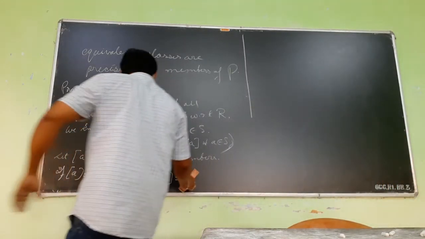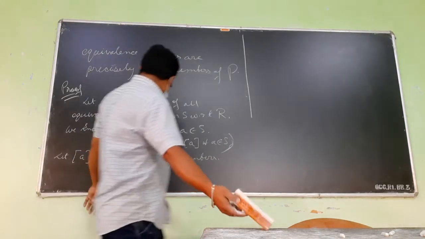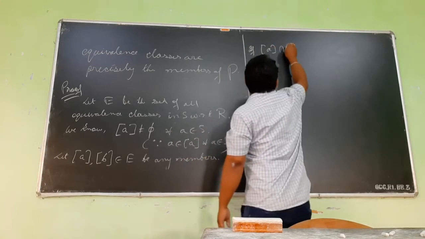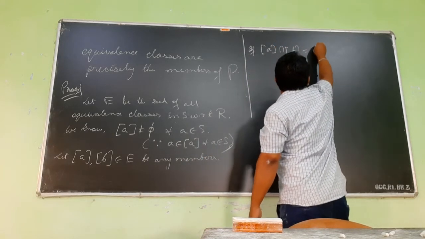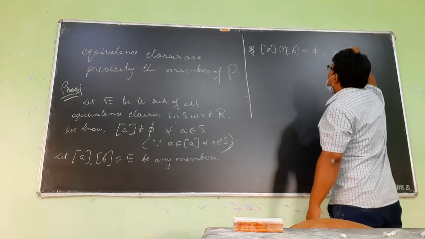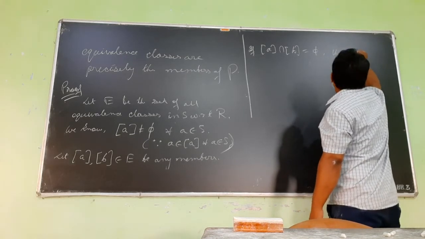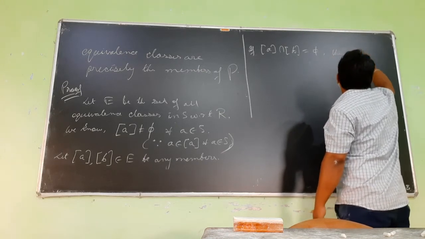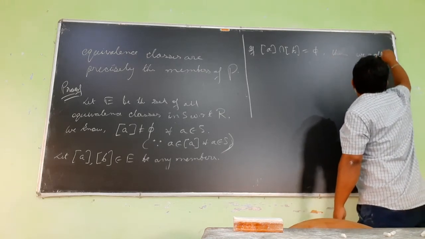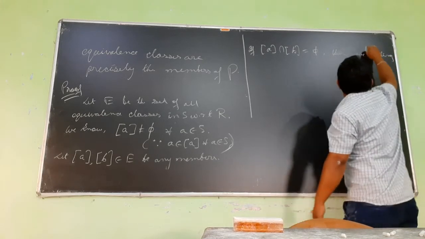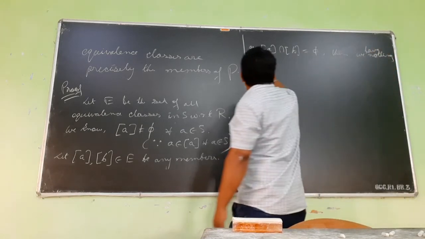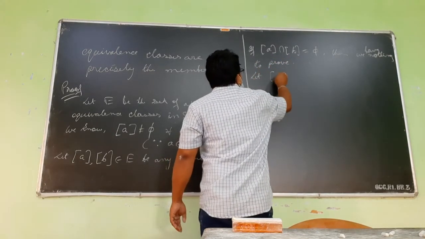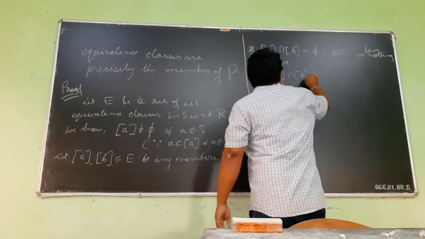So let me write it the contrapositive way. Let class A, class B be any members. If class A intersection class B is equal to phi, then they are disjoint, and we have nothing to do. Otherwise, class A intersection class B is not equal to phi.